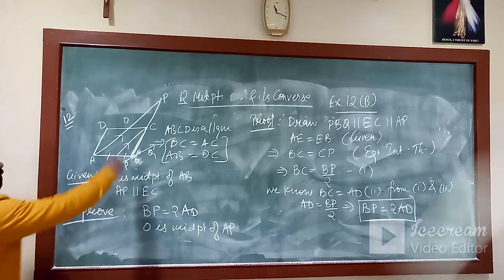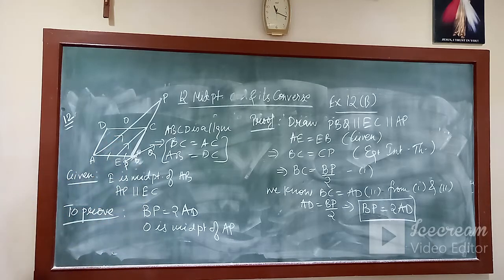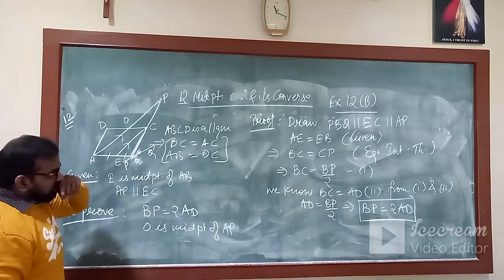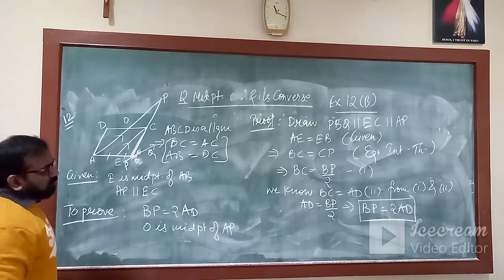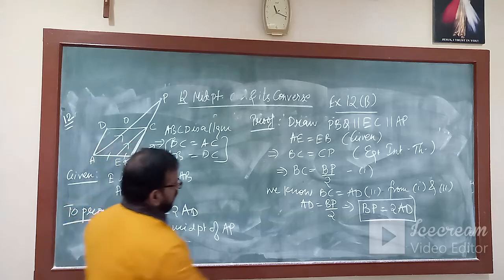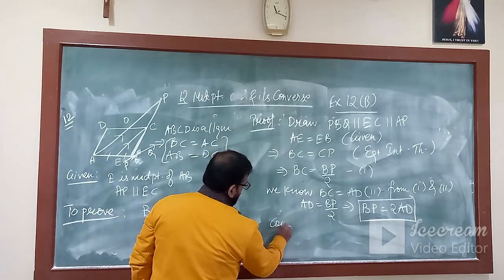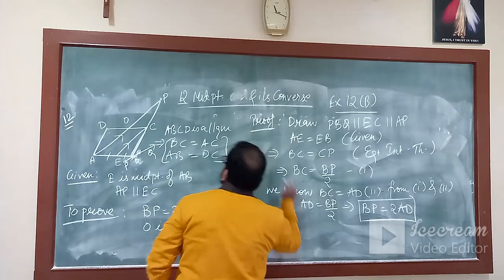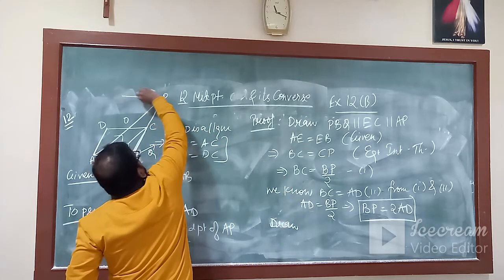Now we have to prove that O is the midpoint of DC. So for that, what we are going to do again? I will construct, I will draw one more parallel line like this.